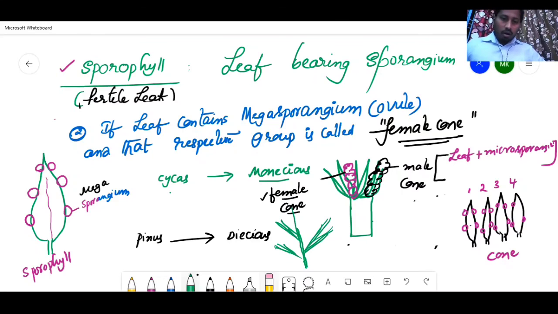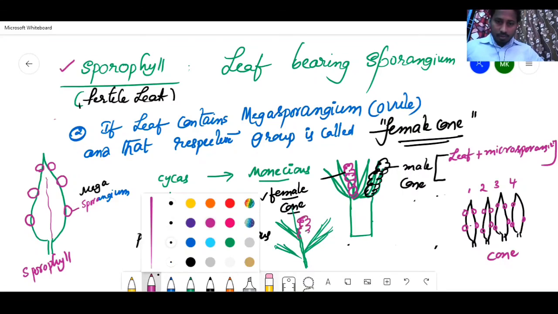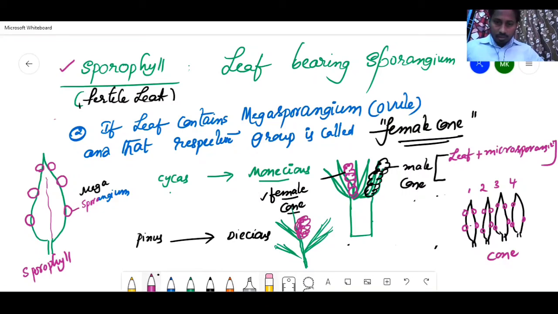So on one plant body there is female cone, whereas another plant body will have male cone.